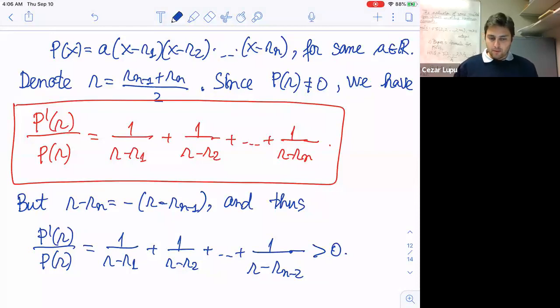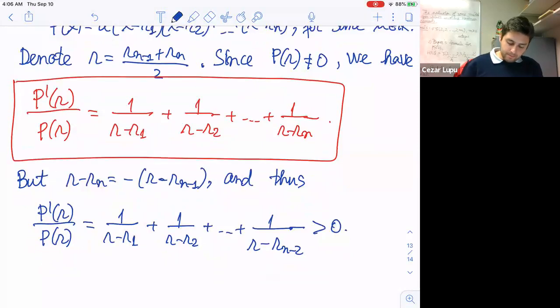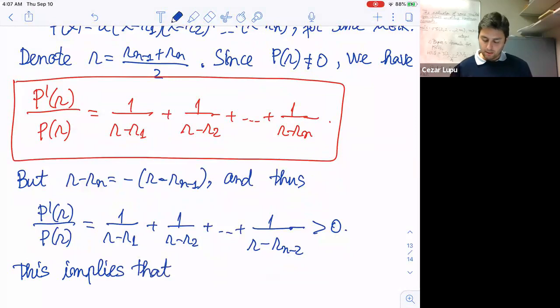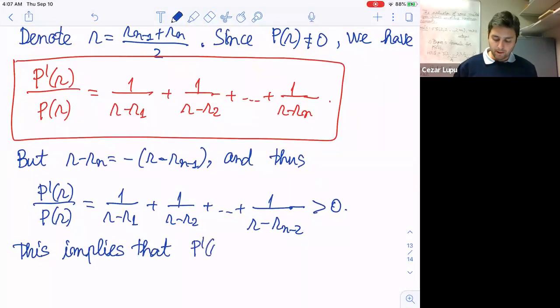Okay. And this implies that the derivative cannot be 0, right?